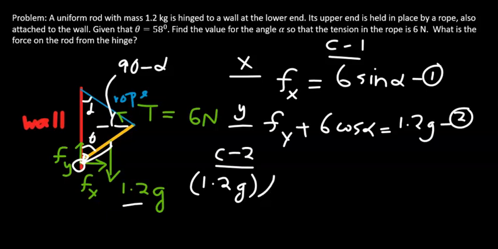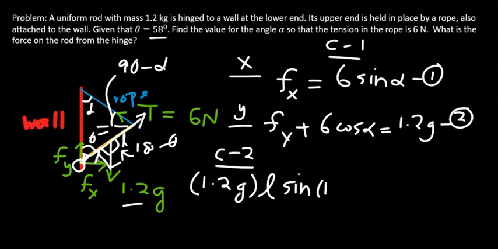Let's call it L. So half of the rod length is L and the other half is L, times the sine of the following angle, the angle between the moment arm that's going in that direction and the force that's going in that direction. So it's that angle. From the diagram, this is theta, so this one has got to be 180 minus theta. So since theta is 58, 180 minus 58 is 122, so sine 122 degrees.